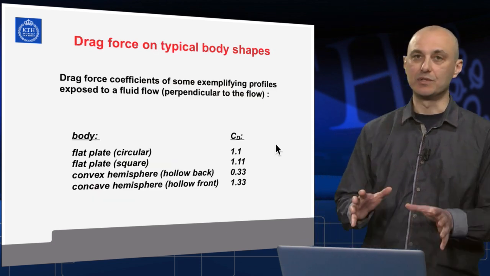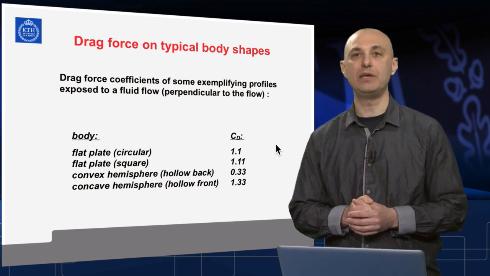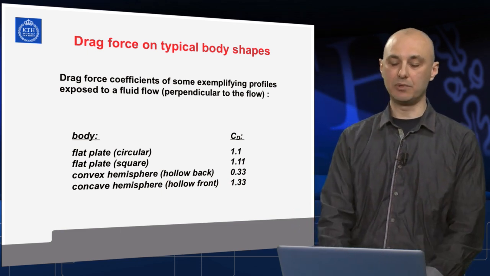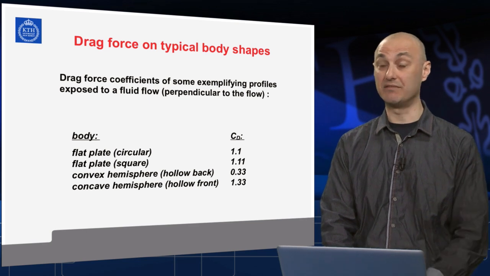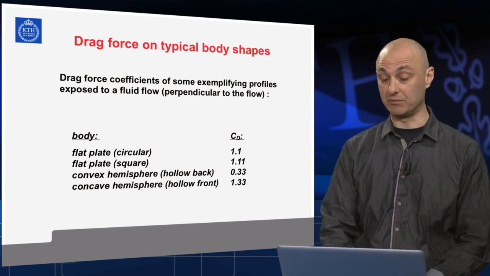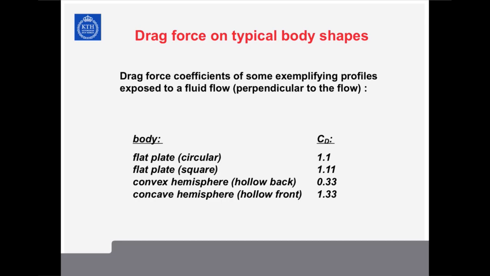The drag force on typical bodies can be exploited actually to rotate a turbine or to drive a rotor, thus extracting energy from the fluid. If we have a flat plate with its flat section facing the wind, the drag coefficient would be approximately 1.1. If the edges are a bit rougher of the flat plate, the drag coefficient would slightly grow.